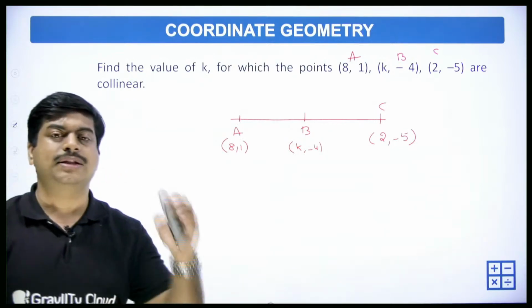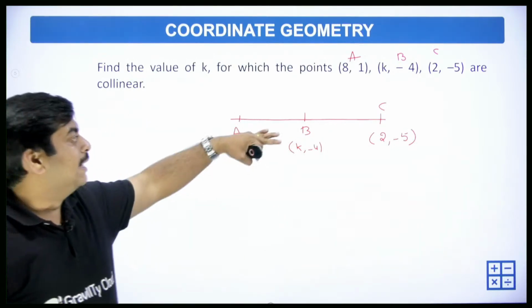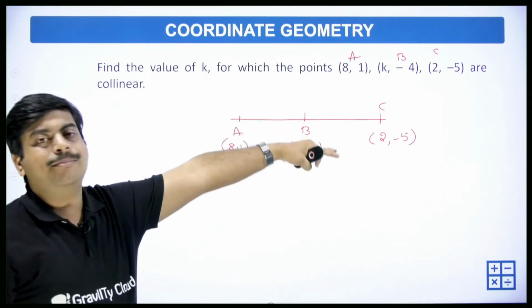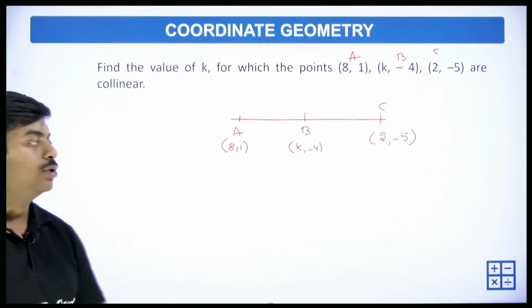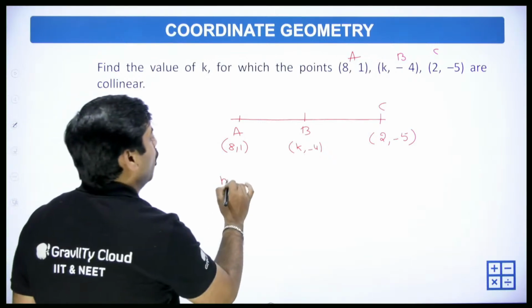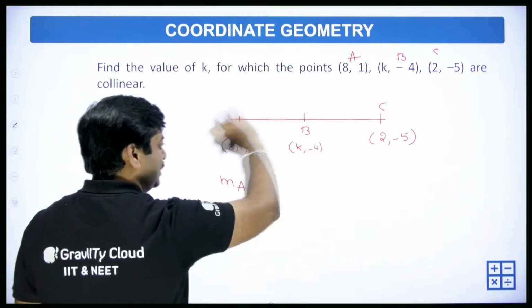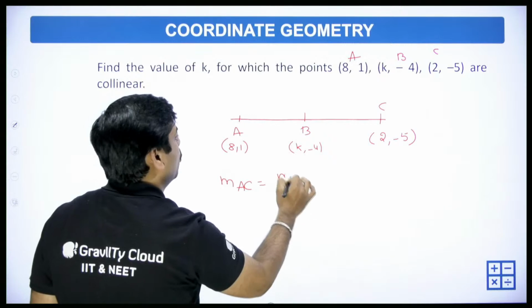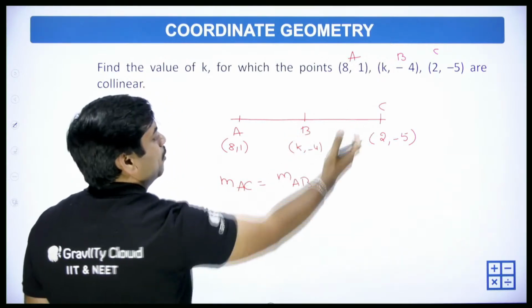That means they are on the same line, so the inclination will be the same. So I can say that the slope of AC is equal to the slope of AB. You can also equate the slope of BC.